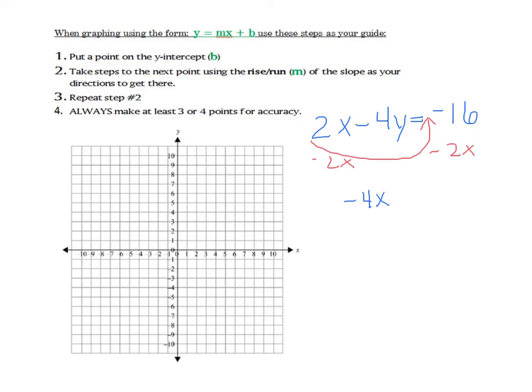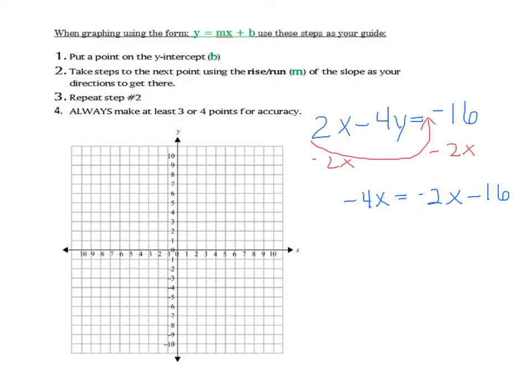And I'm going to be left with negative 4y equals negative 2x minus 16. Now I could have put negative 16 minus 2x, but there'd have been no point to that because I want it in y equals mx plus b form. And that means I want my x term immediately following the equal sign.